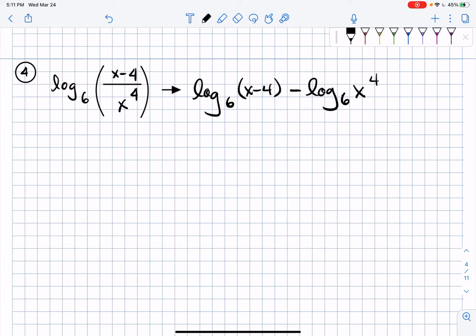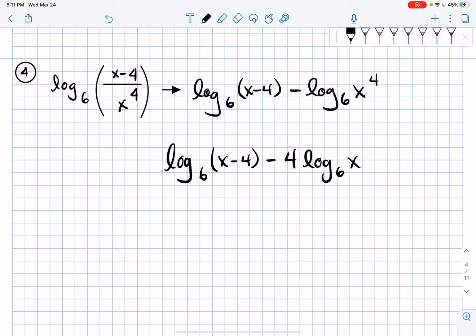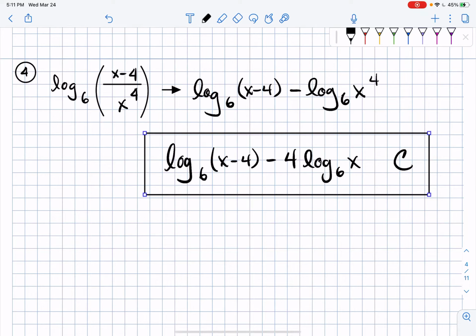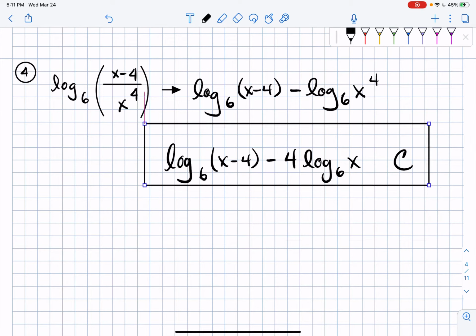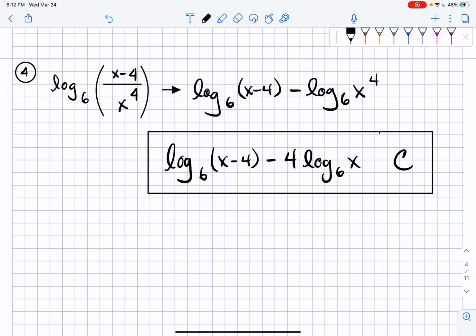And since I have to the 4th power, this is going to be log base 6 of x minus 4 minus 4 log base 6 of x. And that's about all I can do. There's nothing else I can do with this, so therefore this is choice C.